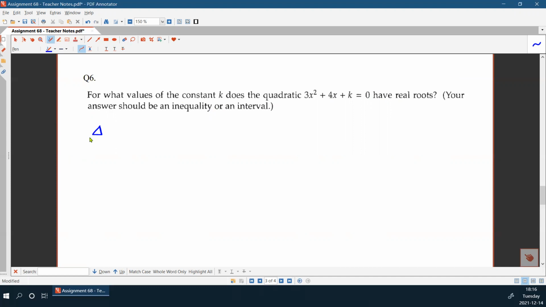So can you tell me under what conditions the determinant should be in order for the quadratic equation to have real roots? There are 3 options. Either the determinant is greater than 0, or equal to 0, or less than 0. So in which of these conditions will the equation have real roots?